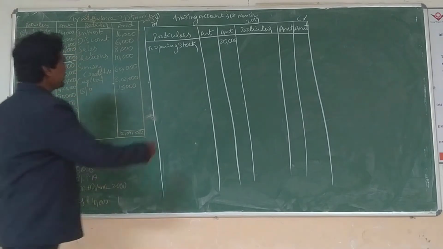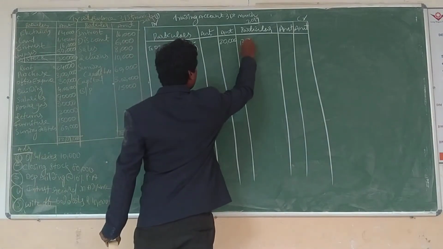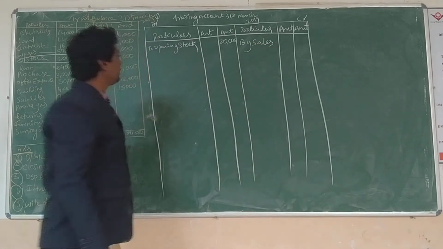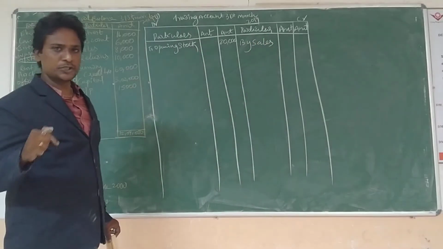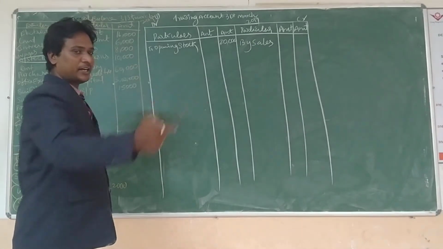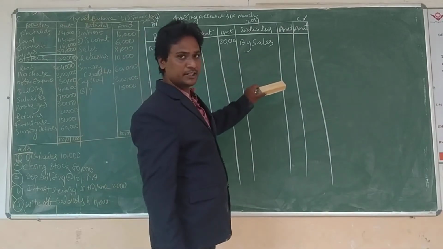Always enter purchases on the debit side, and quite opposite, sales on the credit side. Purchase returns are on the credit side and sales returns on the debit side.